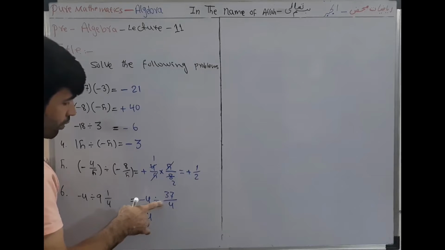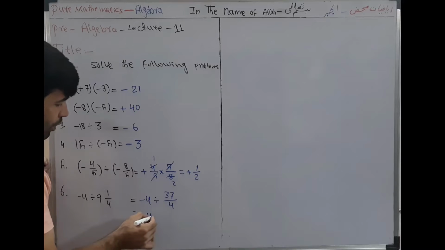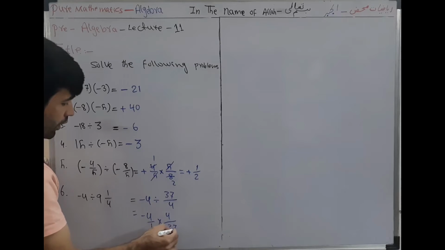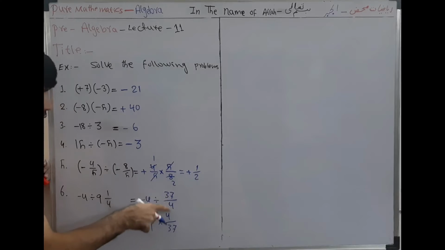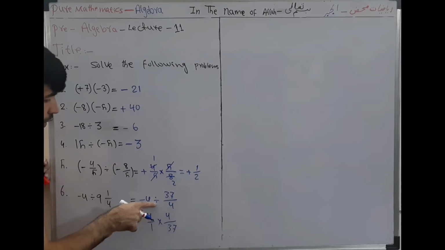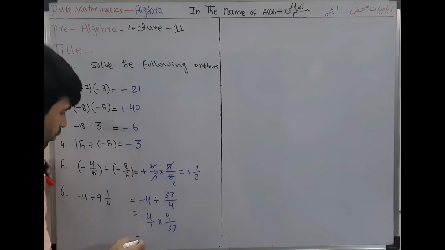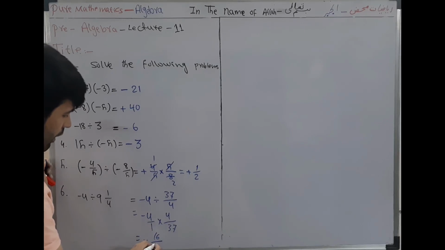Minus divided by plus is minus. Minus 4 by 1 multiplied by 4 by 37. We change this division to multiplication and write the inverse of the next fraction. It is equal to minus. 4 multiplied by 4 is 16, and 1 multiplied by 37 is 37.